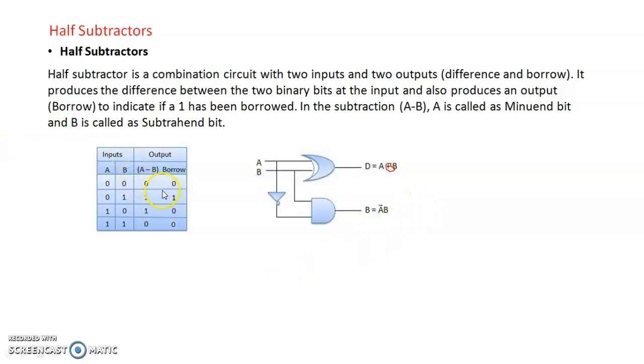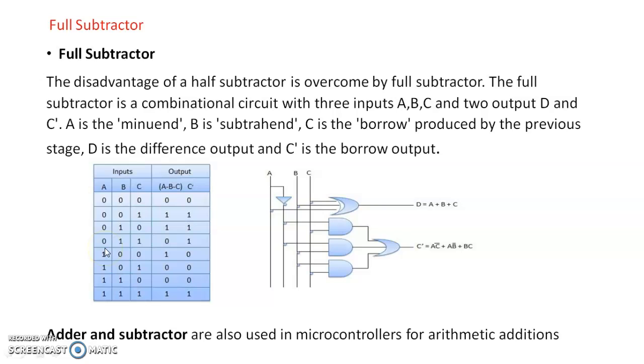So this is the combinational circuit and the limitations of the half subtractor are overcome with the help of full subtractor. In the full subtractor again we perform the subtraction of 3-bit numbers and apply the logic of binary subtraction. So the disadvantages of half subtractor are overcome by the full subtractor. So full subtractor is also a combinational circuit.